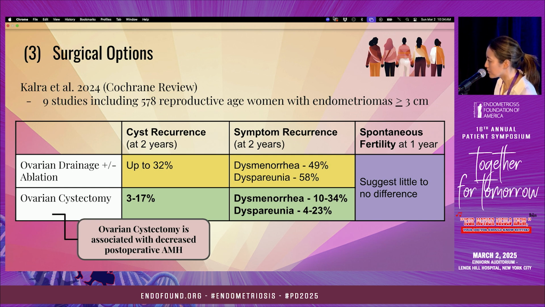Also, spontaneous fertility at about 1 year doesn't really suggest a difference. The reason that some people are hesitant, again, is this: are you damaging the ovarian reserve anytime you do surgery? Yes, but from what we just learned, if you leave it there, or if they recur, unfortunately, they do damage on their own, right? So you just need to find a place that's gonna treat the ovary with respect, use very minimal cautery, et cetera.